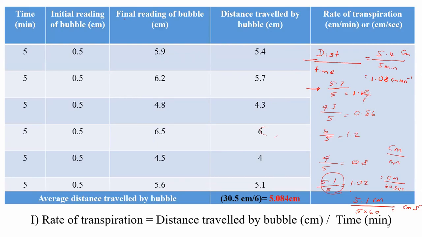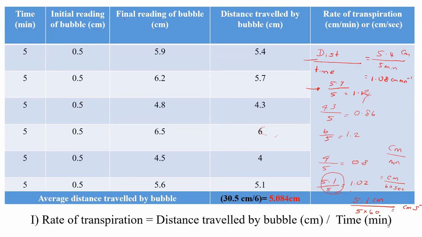One person asked the question, during the time period, is the transpiration constant or not? It is not constant, because transpiration is affected by sunlight, humidity, wind and many other factors. Light intensity is also there. So during the time period it is not constant. Therefore we go for the average, and that's why we take more readings.